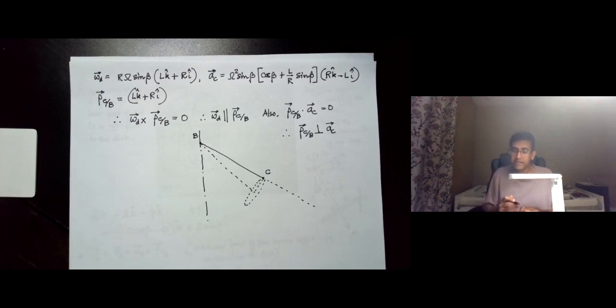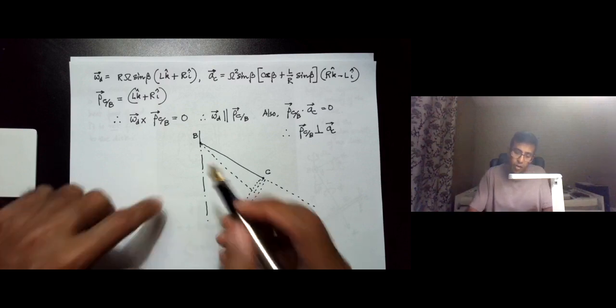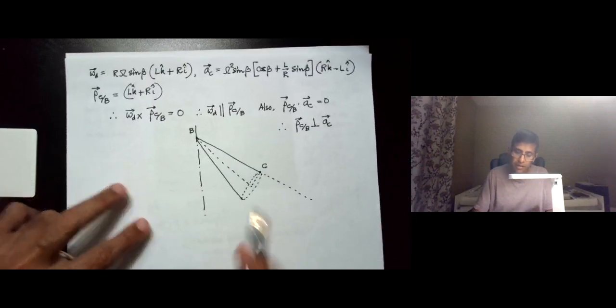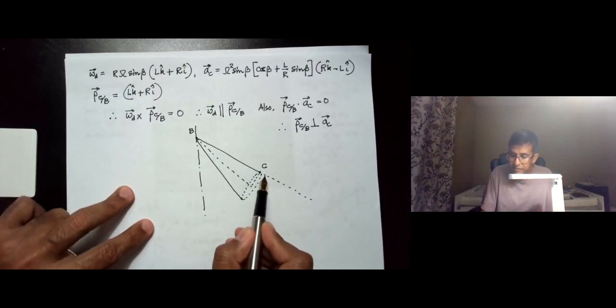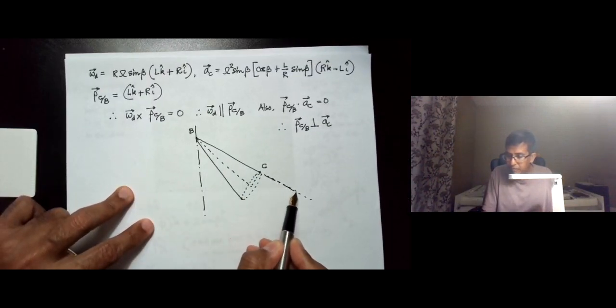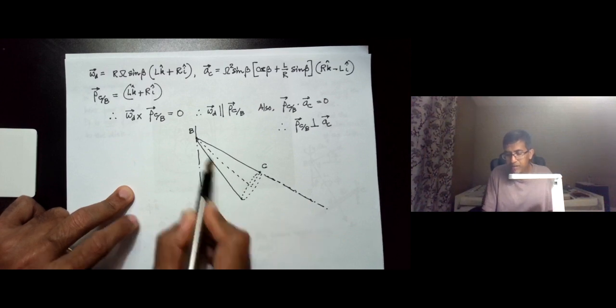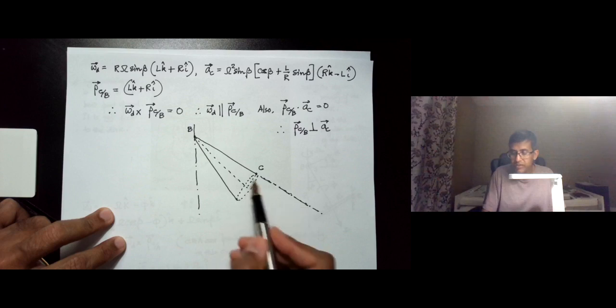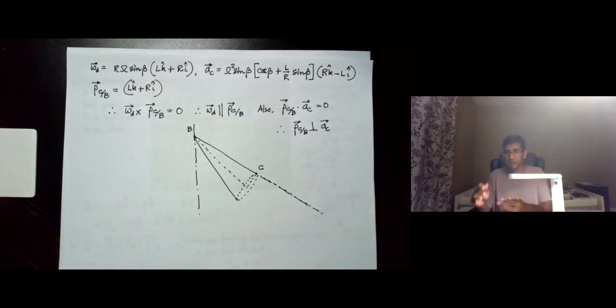Well, it signifies as if there is a cone that at this instance is rolling without slipping on this axis. So it is rotating about this axis, because if your rigid body is rolling without slipping on another surface, at any instant it is spinning about the line of contact.